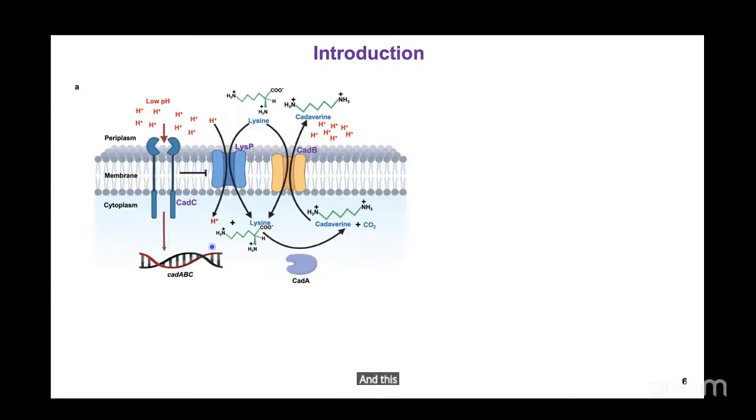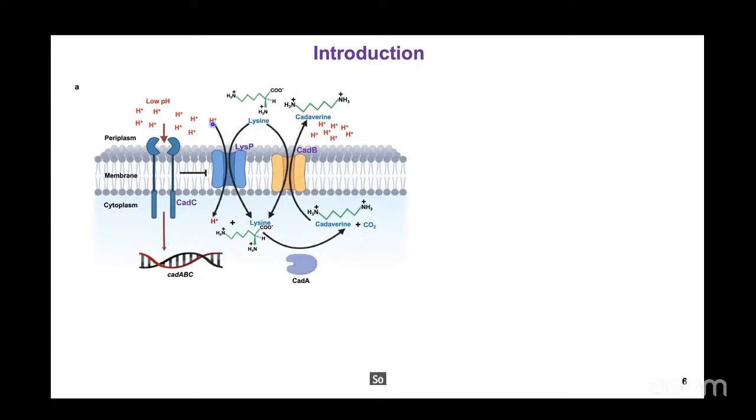And this operon leads to the production of CadA protein, and this CadA decarboxylates lysine that has been transported by LysP, which couples a proton as well, into cadaverine, and there is a CO2 release. So this cadaverine is transported to the outer membrane by CadB.